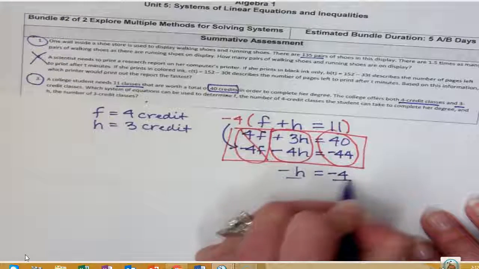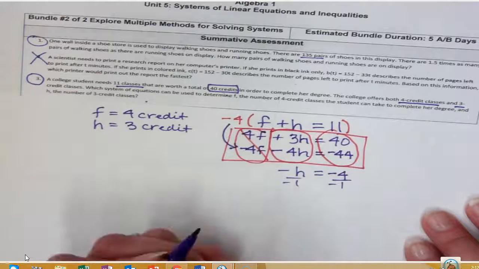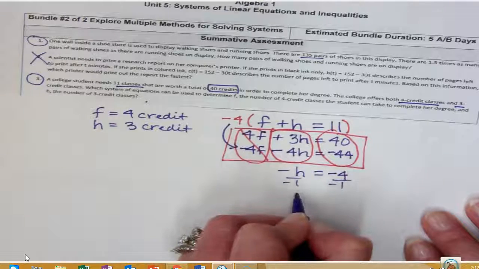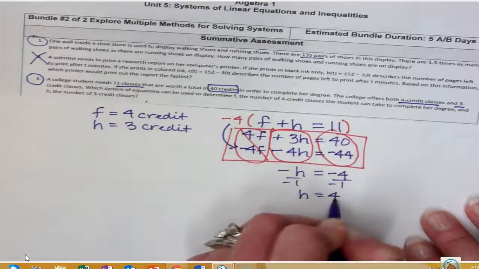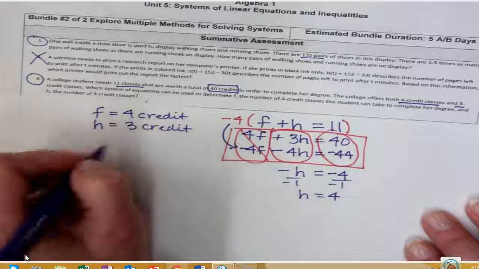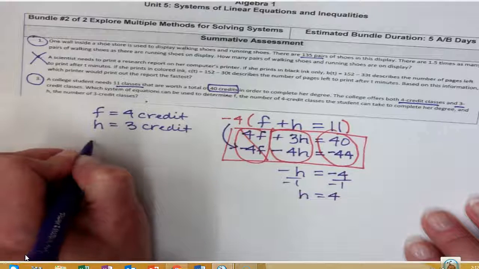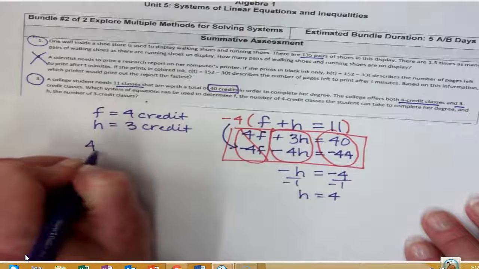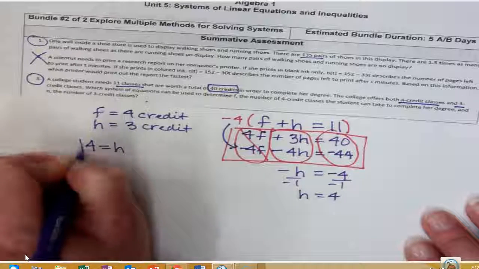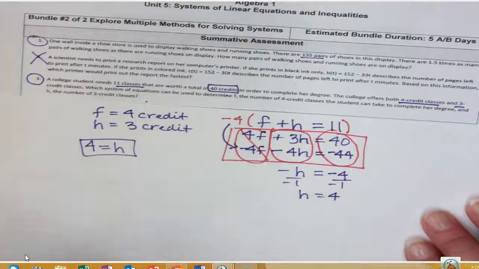So I'm going to divide both sides by -1 to get rid of my negative, and I get H equals 4. So she needs to take 4. So H is going to equal 4. She needs to take 4 3 credit classes.